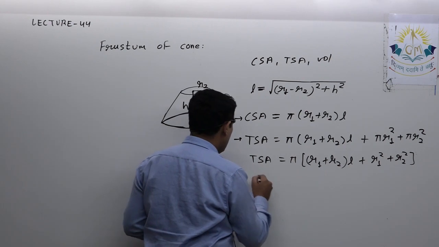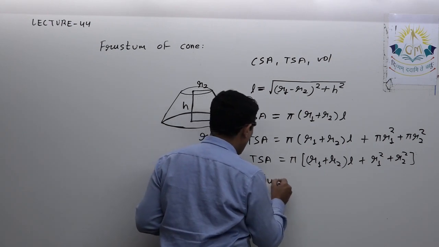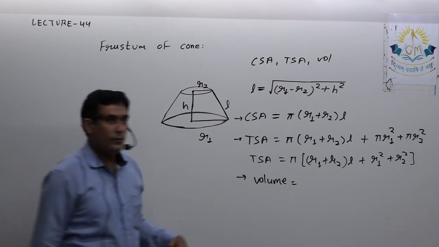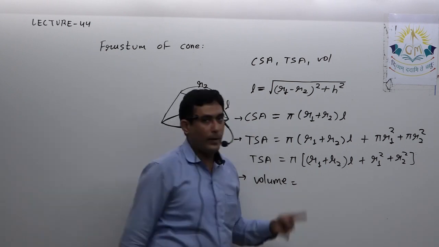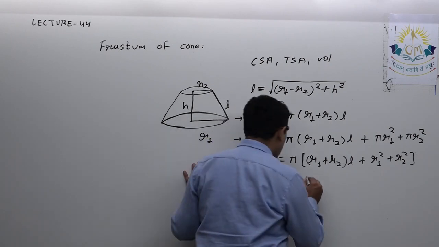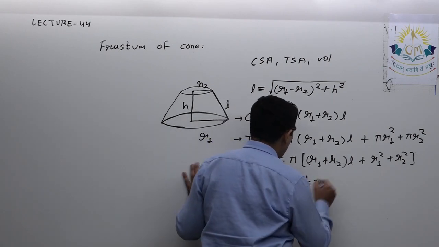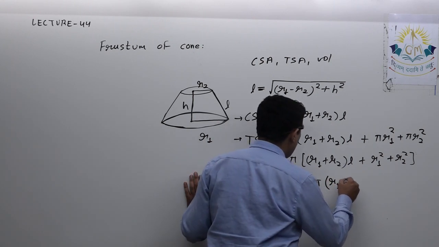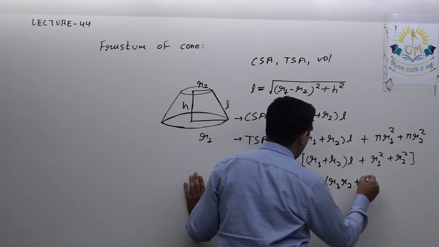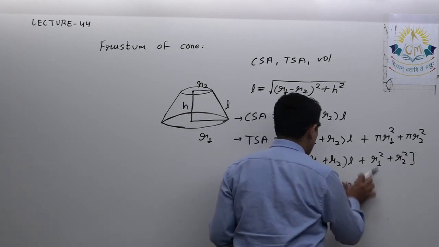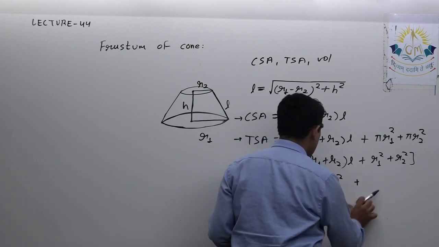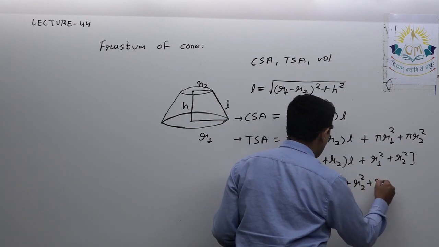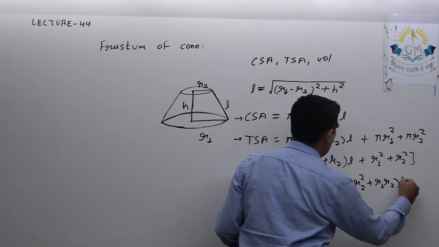Now the third one is the volume of the frustum. Again, if you know the volume of a cone, that is 1 by 3 pi r square h, here it becomes 1 by 3 pi times (R1 square plus R2 square plus R1 R2) into h.